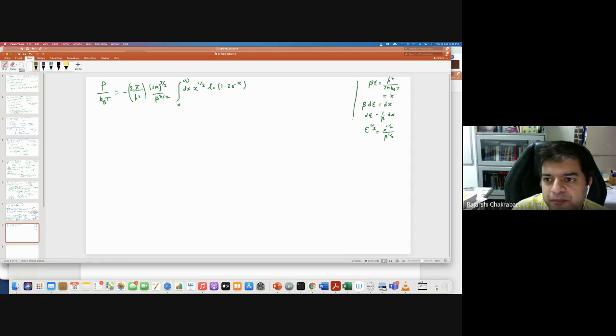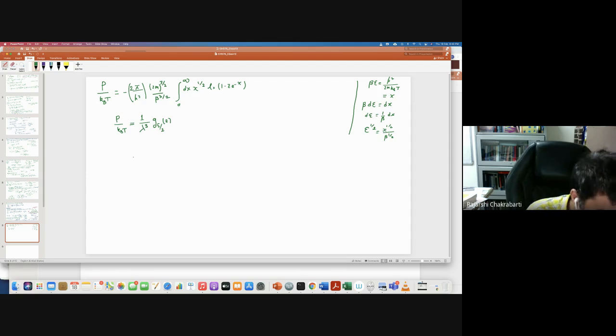This is a very small thing. And this whole quantity, actually I will write it as something like this, which is equal to 1 over lambda cubed times g 5 by 2 of z. What is that? I'll tell you in a few seconds what that is. And a similar thing you can do with (n minus n0) by v, which is your n excited by v, and this is equal to, actually, you know, 2 pi by h cubed.